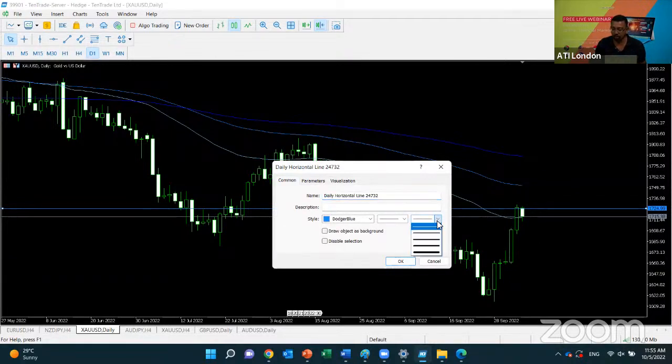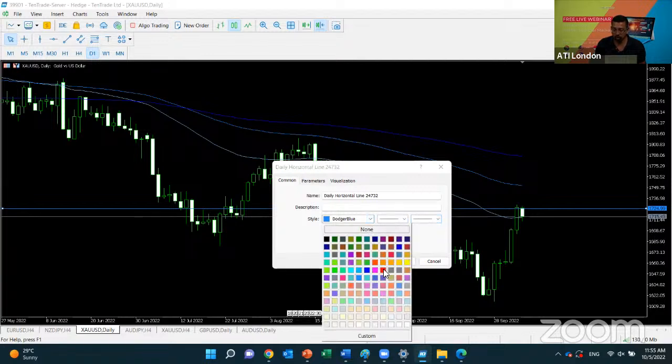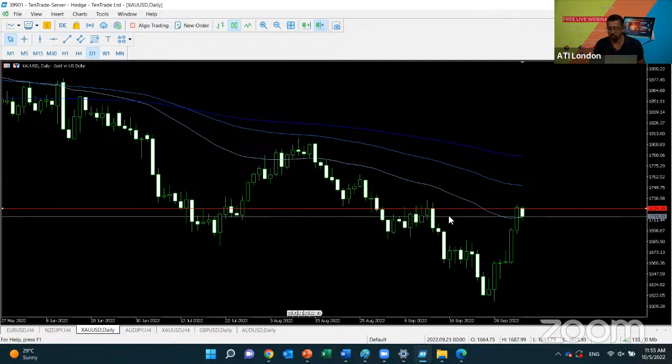The double line is really important for us to draw, and I'll just color that red, these two horizontal lines, just to give you the idea that these are the areas of resistance. It's based on this peak right here and the longest wick as well.